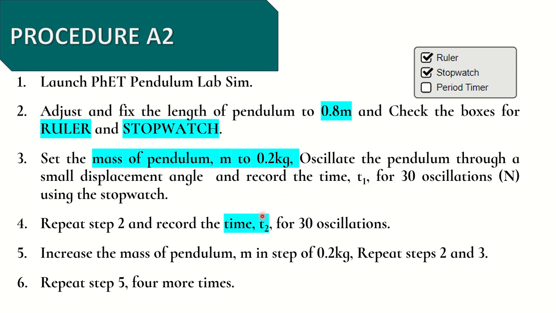Once that is done, repeat that same procedure in step 3 and record time T2. Then increase the mass of the pendulum M in step of 0.2 kilogram. If we are increasing by 0.2 kilogram, meaning the next one will be 0.4 followed by 0.6, and the times T1 and T2 will also be taken respectively for the two.